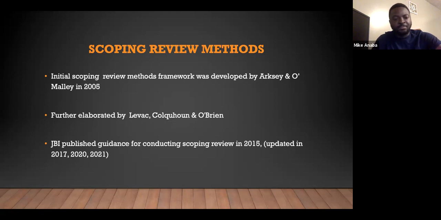And then JBI is another body that is also focused on evidence synthesis, and they also came up with a guideline or manual on how to conduct scoping reviews, including other reviews like systematic reviews. And they have always been updating their manual regularly. The first one was in 2015 and has been subsequently updated in 2017, 2020, and 2021.